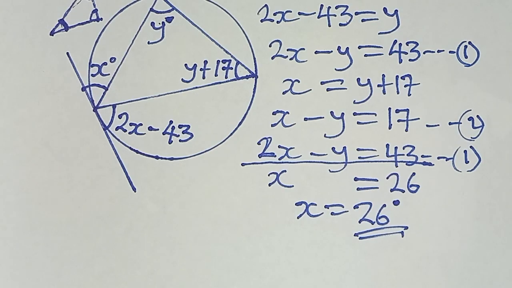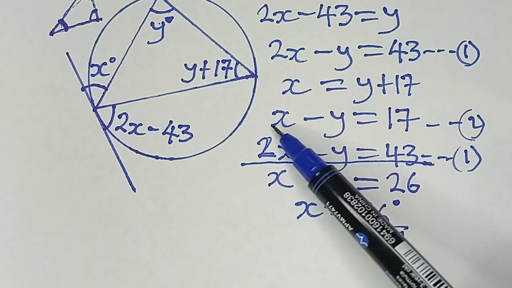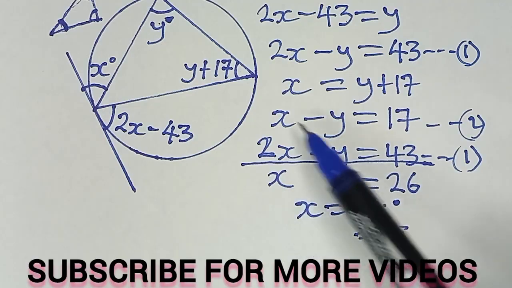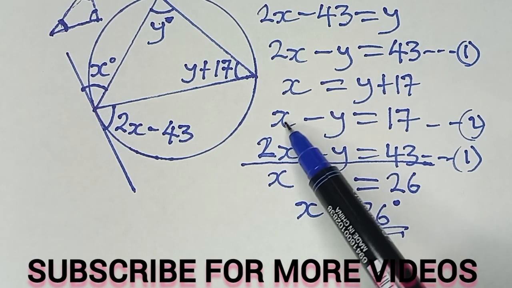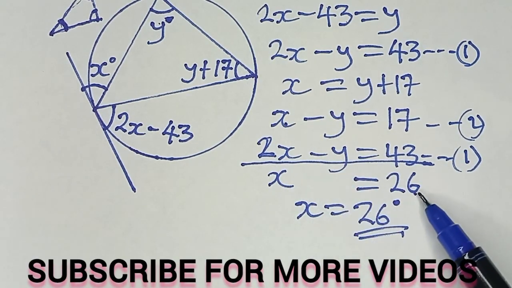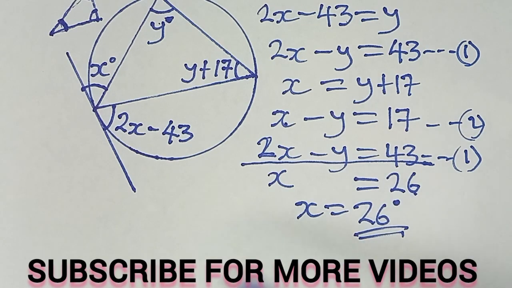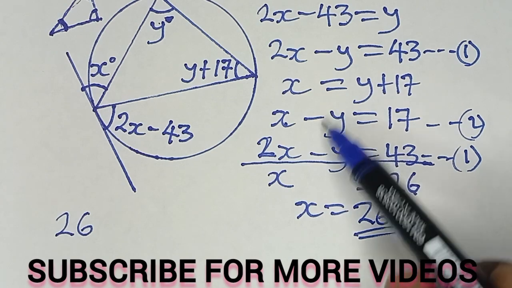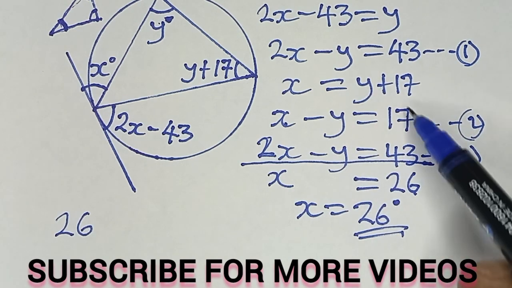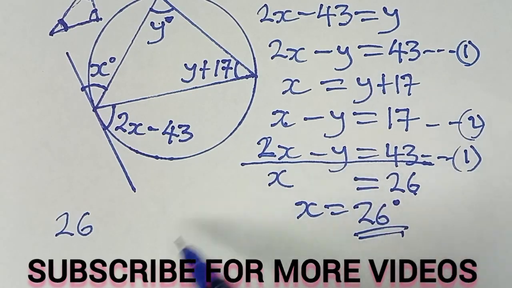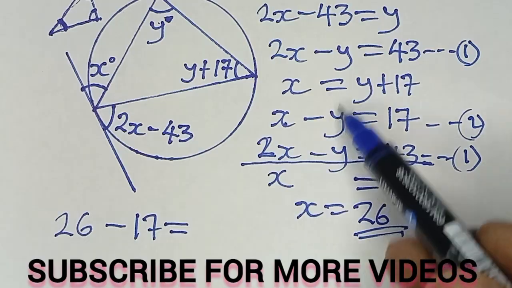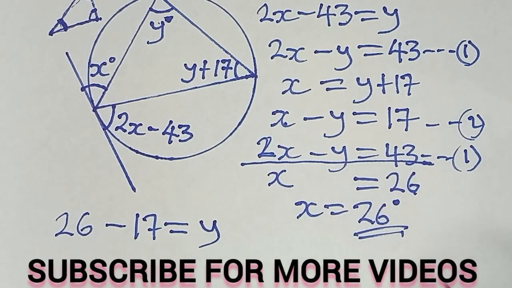So now let me continue on this side to find the value of y. I can simply take equation 2. From equation 2, x is 26. In place of x, I'm writing 26 because I already know the value of x as 26. So 26 minus y, I'm taking this minus y to that side. This 17, I'm bringing it to this side, so it becomes minus 17, and is equal to, this minus y goes to that side, becomes plus y.